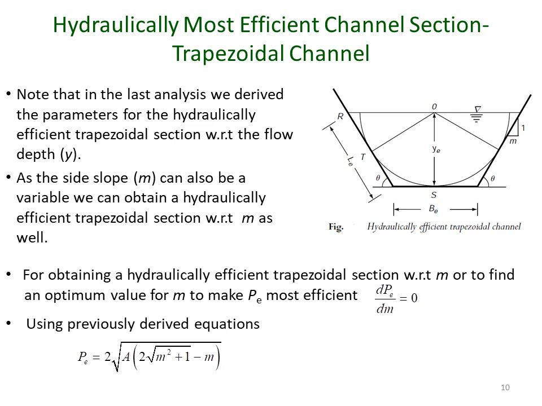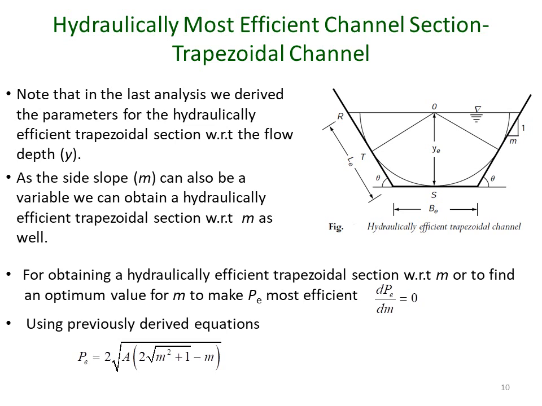While doing that, you must have noticed that we kept the side slope m constant. We treated m as constant. But m can also be a variable. If we consider that m is also a variable, the side slope can also vary for an efficient channel section.